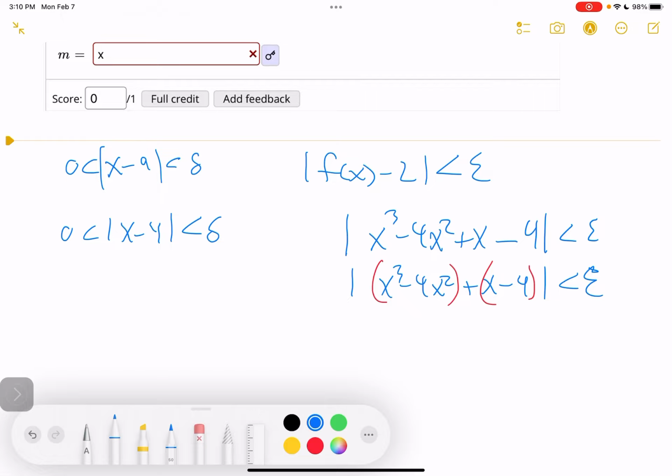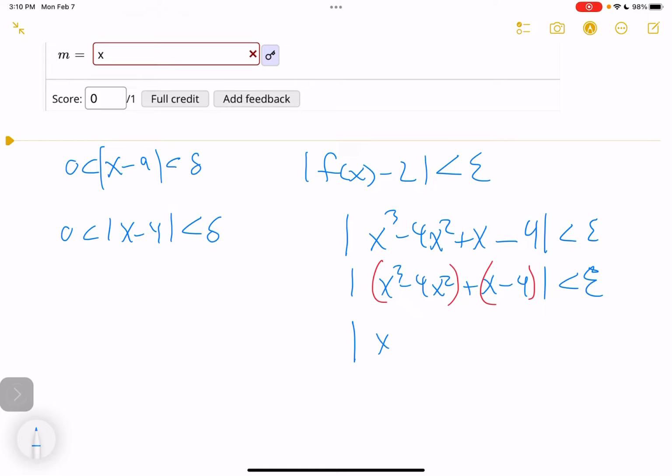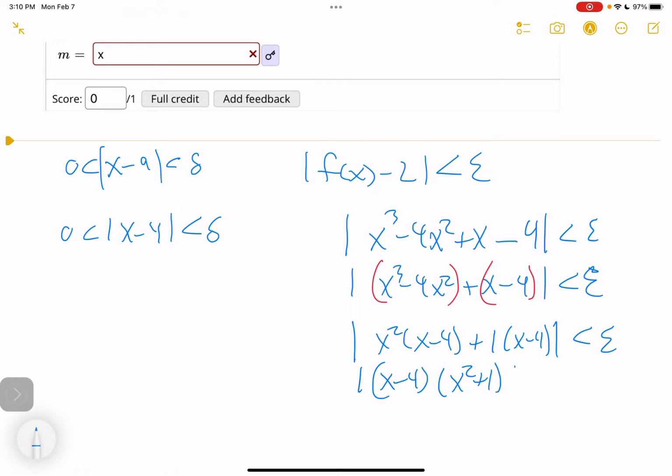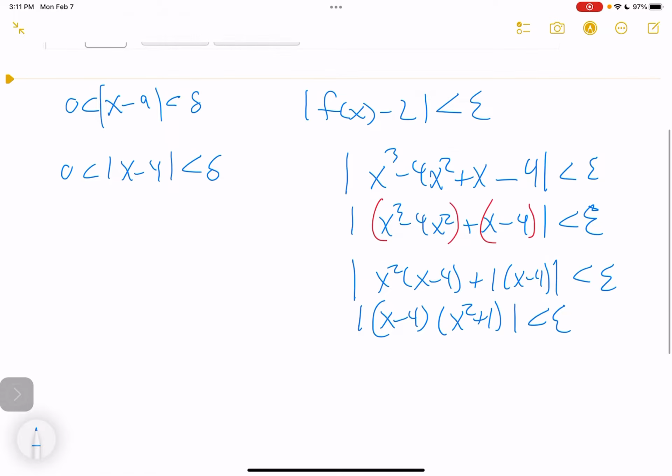So I will have the absolute value of x squared times x minus 4 plus 1 times x minus 4 less than epsilon. So we have the absolute value of x minus 4 times x squared plus 1 less than epsilon. And we could write that as the absolute value of x minus 4 times the absolute value of x squared plus 1 is less than epsilon.